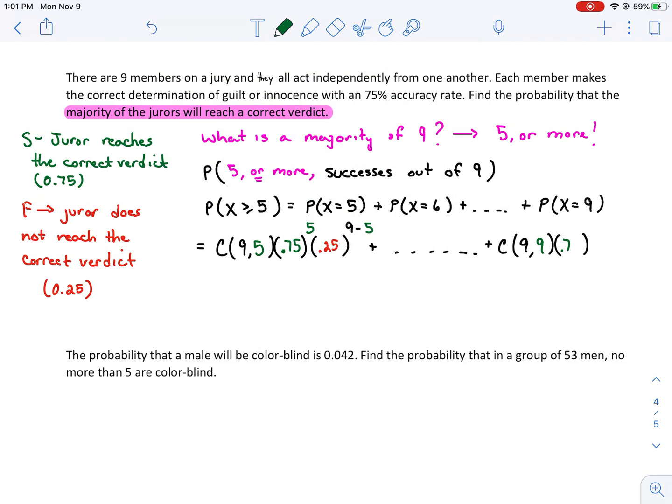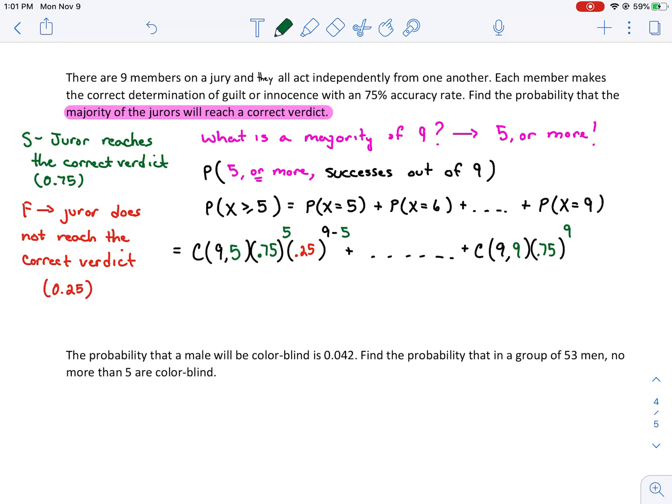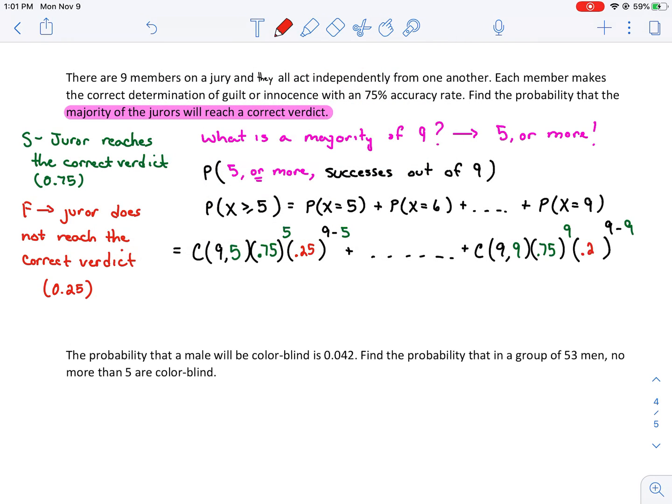We're going to raise that to the 9th power. Give myself just a little more space. The probability of failure is 25%. We're going to raise that to the 9 minus 9 power. So this would be 9 minus 9. And then this is 0.25.